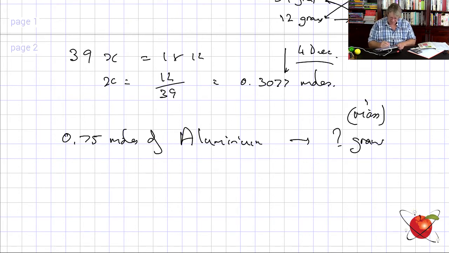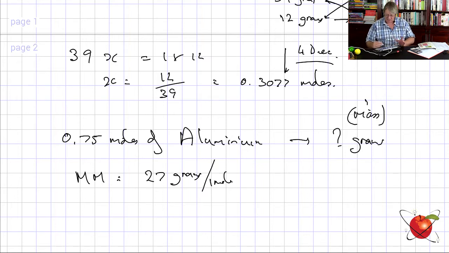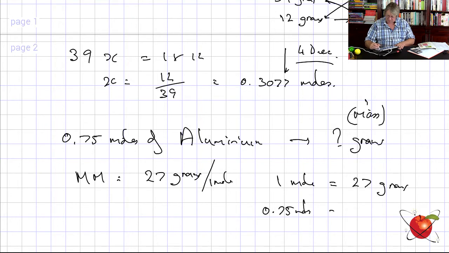Always, first thing, find the mm. Molecular mass of aluminium, 27 grams per 1 mole. Therefore, 1 mole equals 27 grams. Therefore, 0.75 moles equals X grams.